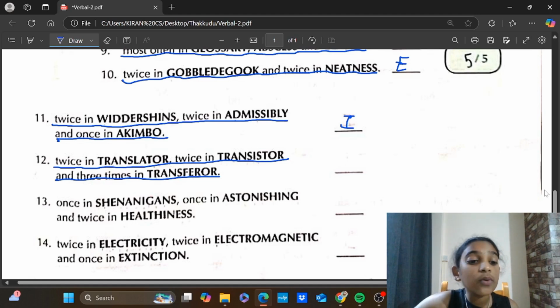Okay, so T, does it come twice? Yeah. Here? Yeah. Here? Oh, it doesn't come 3 times. So let's check out R. Does it come twice? Yeah. Here? Yeah. 1, 2, 3. Oh, so for question number 12, the answer is R.